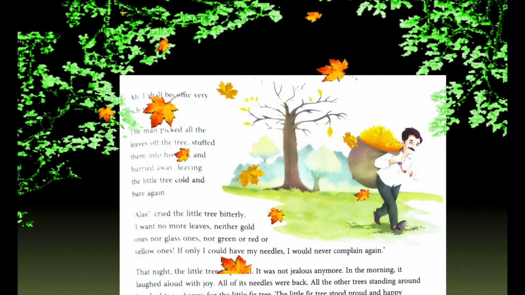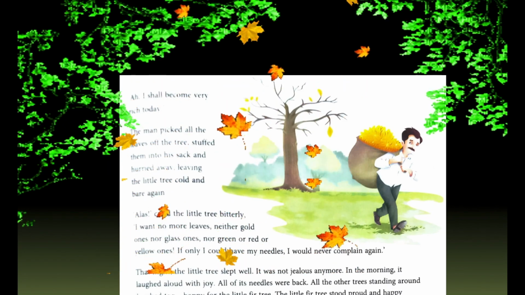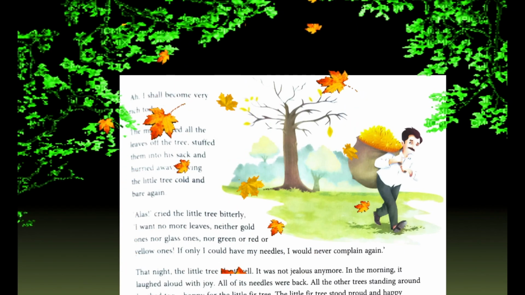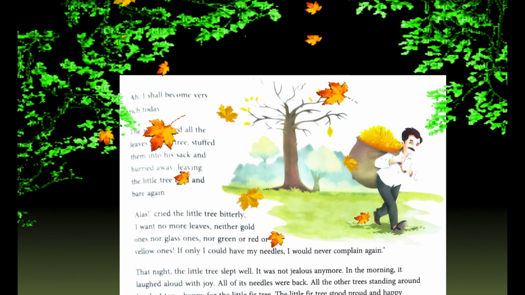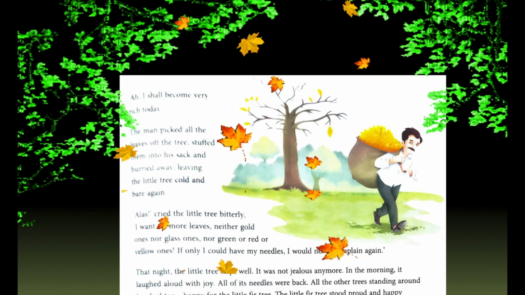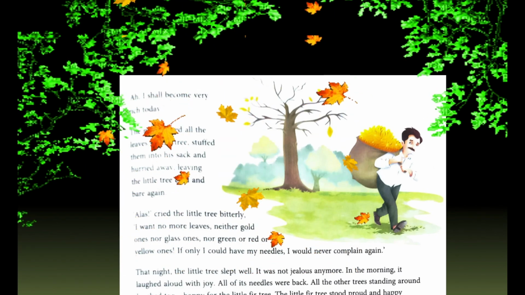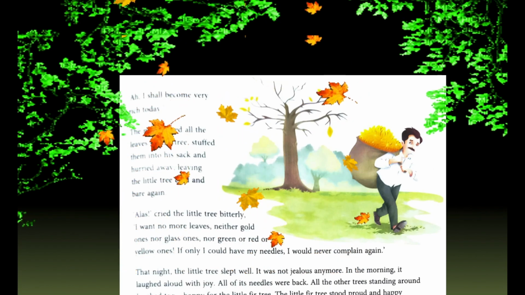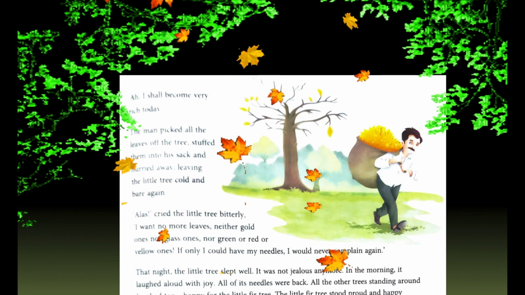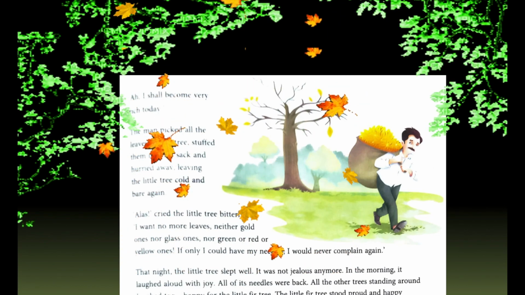"Alas!" cried the little tree bitterly. "I want no more leaves, neither golden ones, nor glass ones, nor green or red or yellow ones. If only I could have my needles back, I could never complain again."